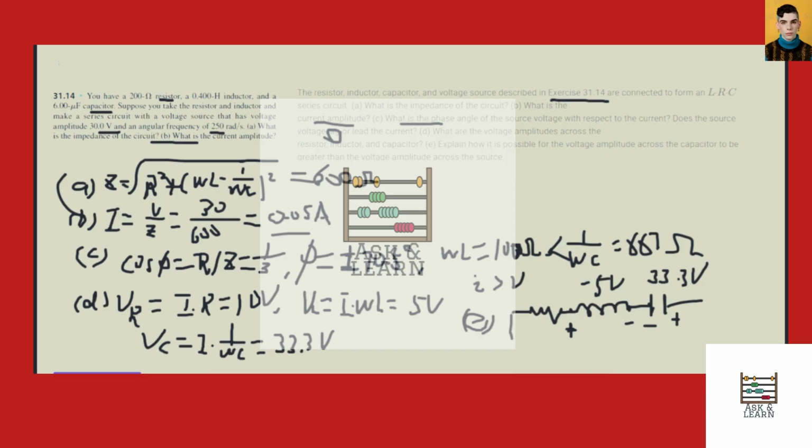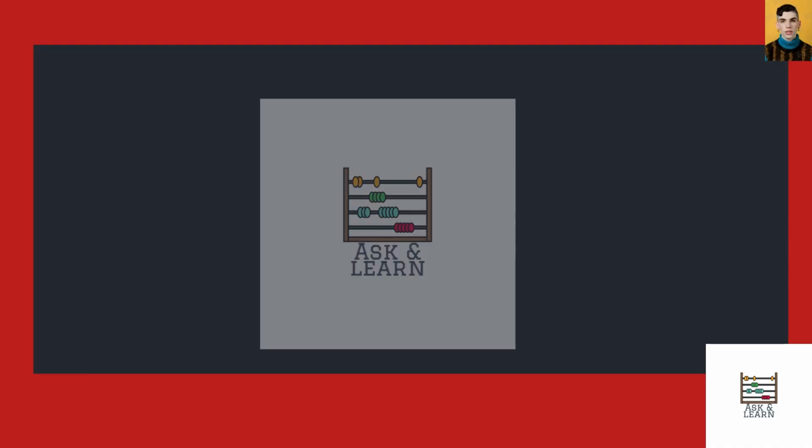The only rule you need to keep is that the summation of the potential differences across the resistor, the inductor, and the capacitor should be equal to the potential difference across the source. We do not restrict the potential difference across the capacitor to be greater or less than the source. That is not restricted.